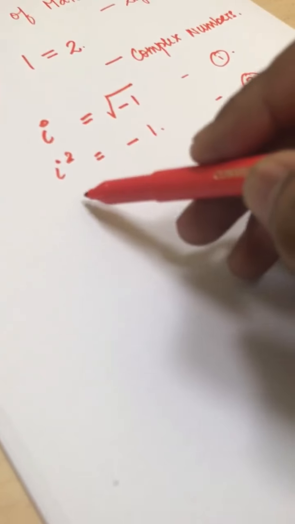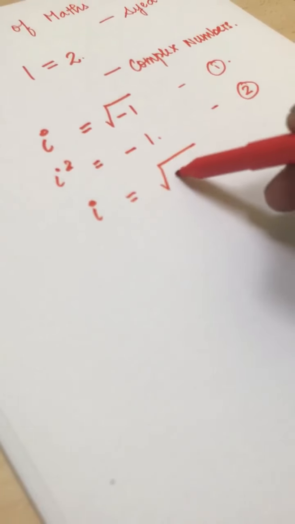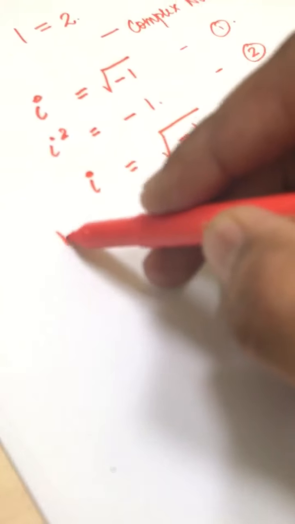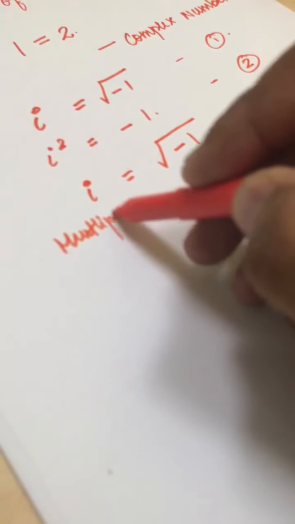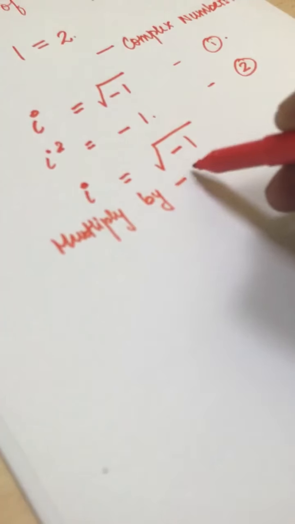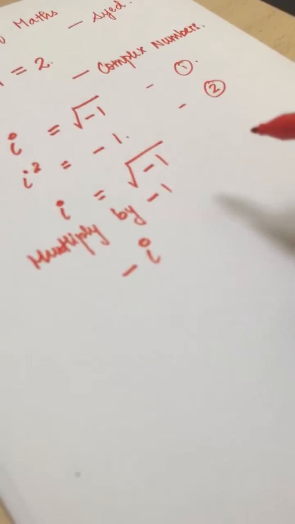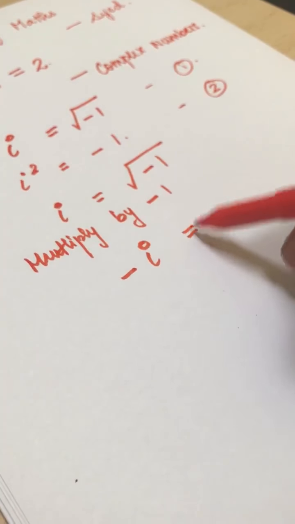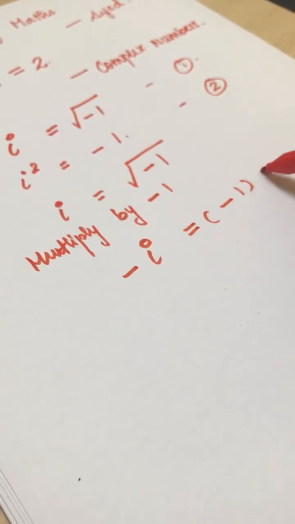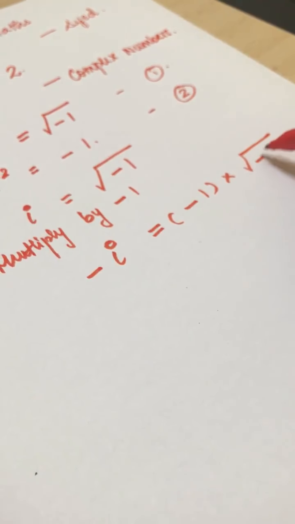So i is equal to root of minus 1. I multiply by minus 1 on both sides, so minus i is equal to minus 1 into root of minus 1.